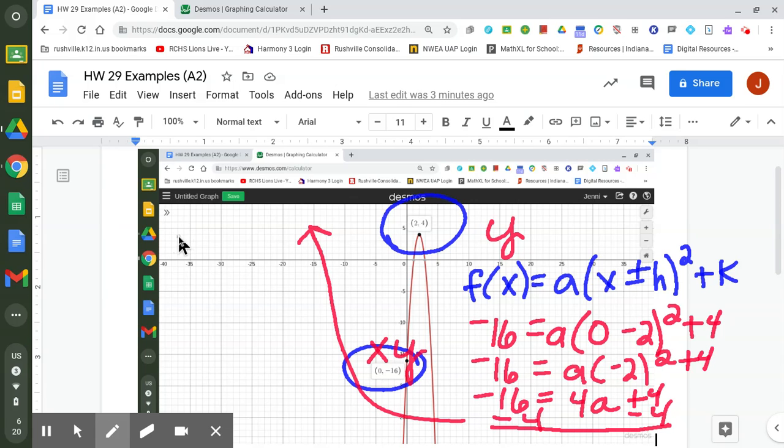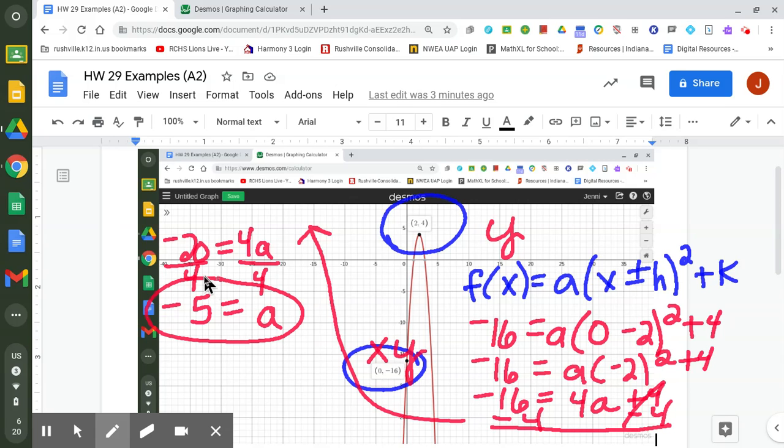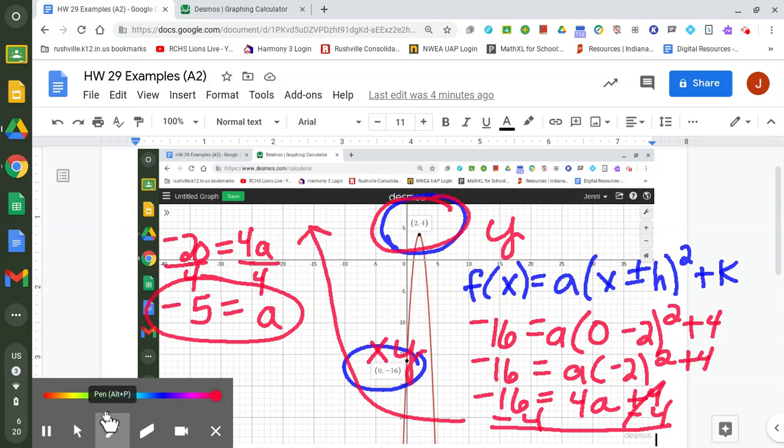So now I have the negative 16 and the negative 4 gives me negative 20 equals 4a, because I got rid of that 4 minus 4. Divide by 4, divide by 4. So now my a is negative 5. And because I was able to find that negative 5, and I know our vertex, I'm able to write my equation.